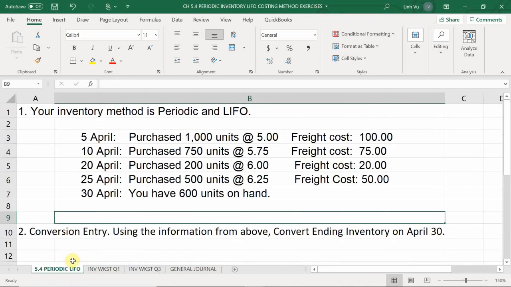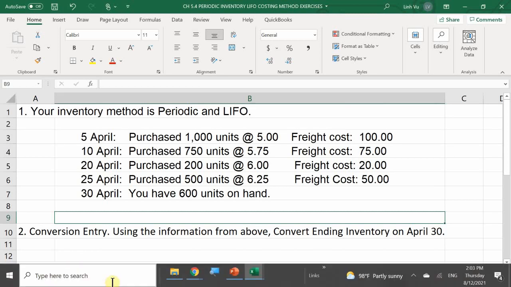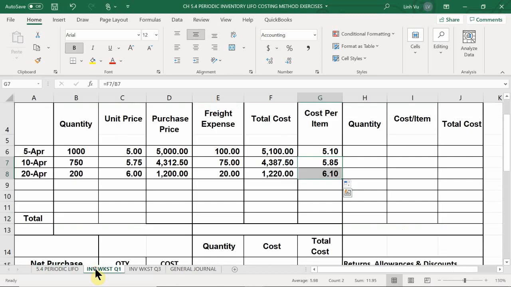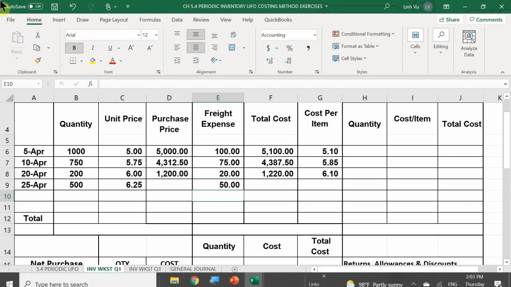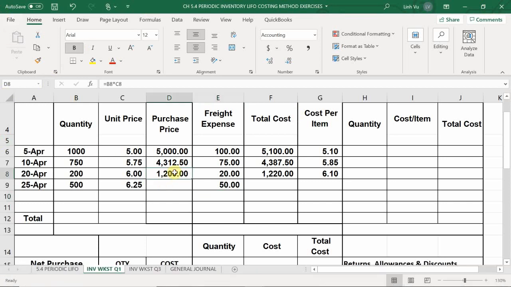Then on April 25th, we purchased an additional 500 units at $6.25 each with a freight of $50. So I'm going to go ahead and come here. April 25th, 500 units at $6.25 each with a freight of $50. So what's my purchase price here?